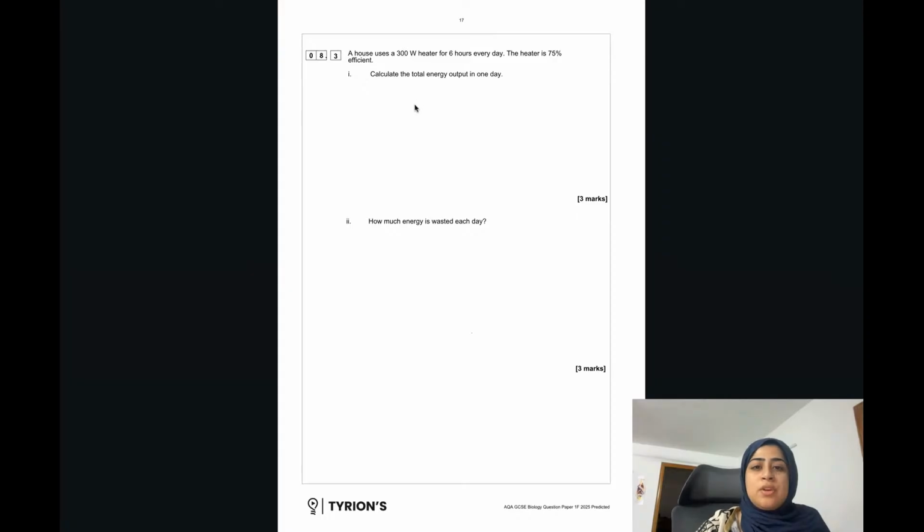Yeah. So power is energy over time. So here we would do 300, but not times 6, because time is always in seconds. So convert into seconds first. That would get you the energy, and then you can use the efficiency formula.